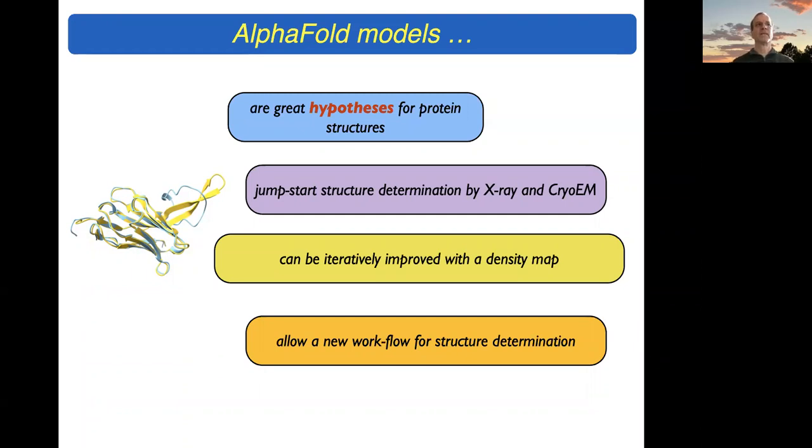Some people have tried to get around that, with some success, by manipulating the multiple sequence alignment. The multiple sequence alignment tells AlphaFold, in principle, about what's close to what.